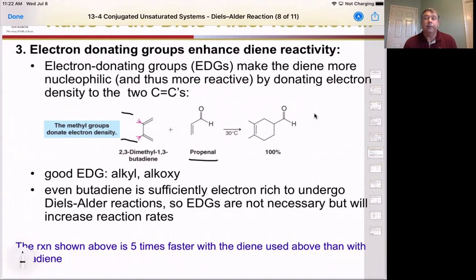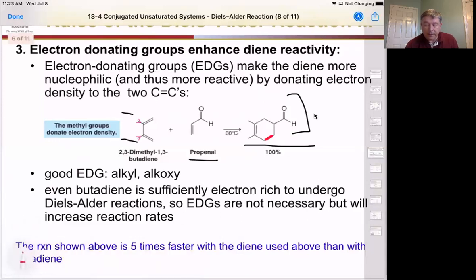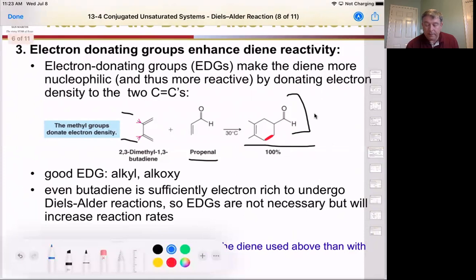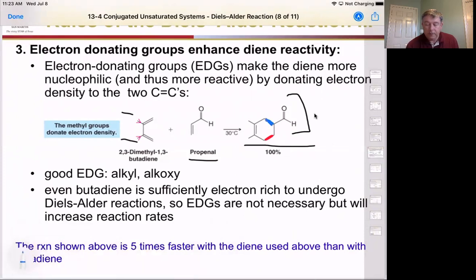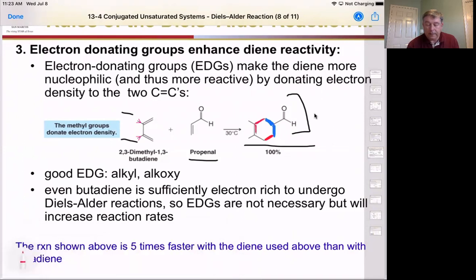In this case, we're going to react it with this propenal, or the vinyl aldehyde right here, and we're going to generate our new 6-membered ring with our dienophile on one side and our diene reacting on the other. Remember that this bond here was formed from the dienophile electrons, and the diene electrons are the double bond there.